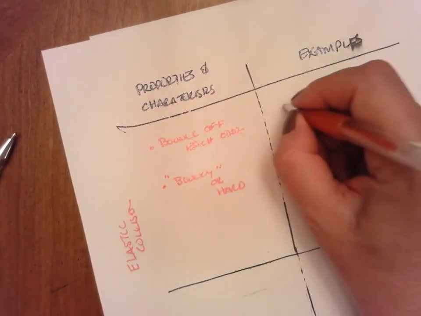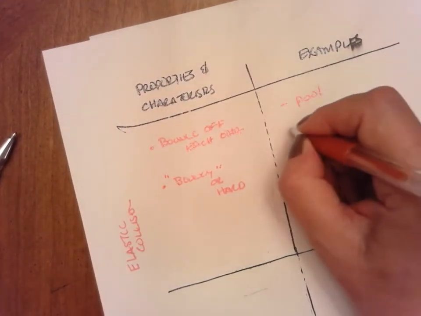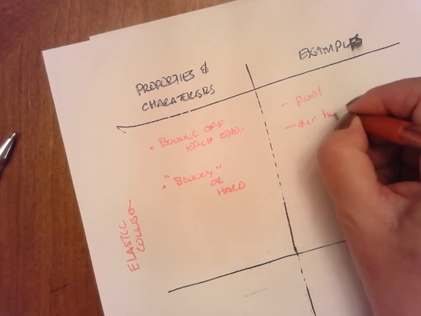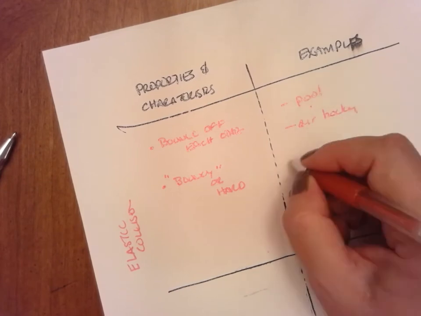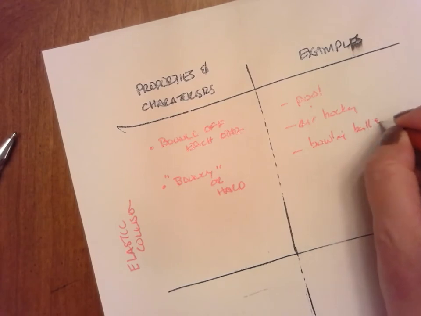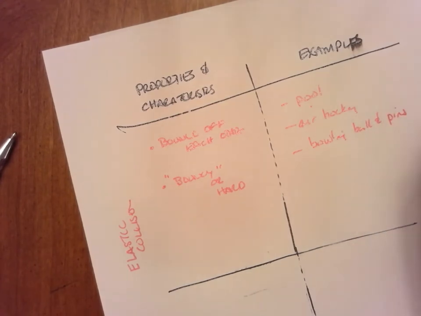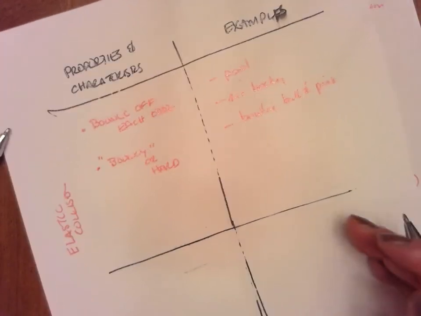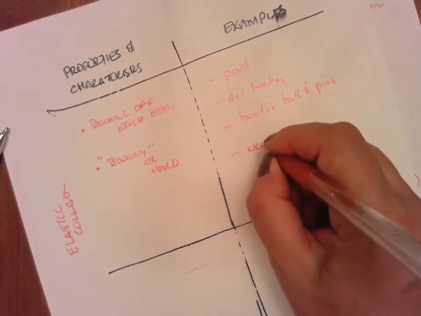Examples of that would be pool balls, air hockey, bowling ball, or a Newton's cradle.